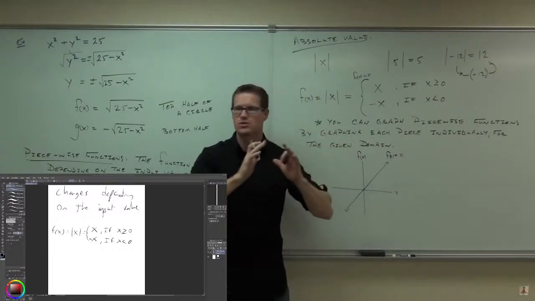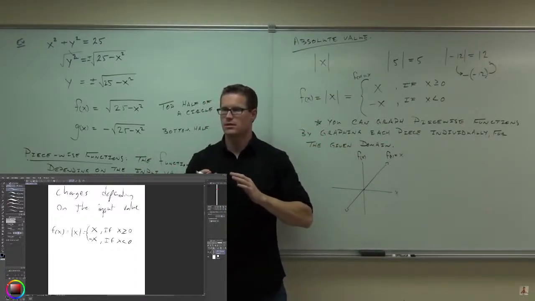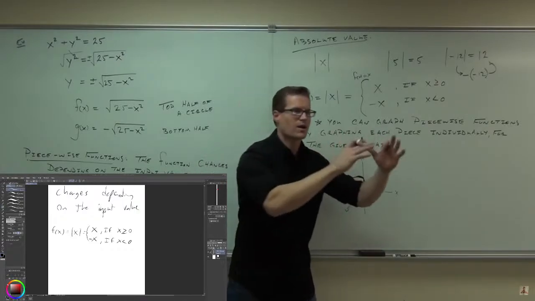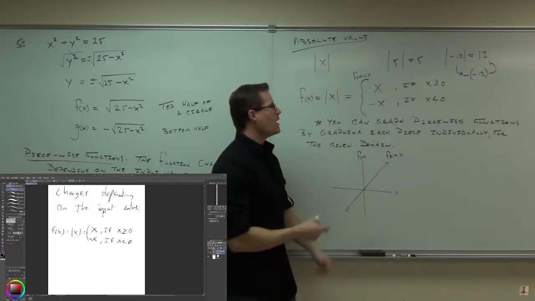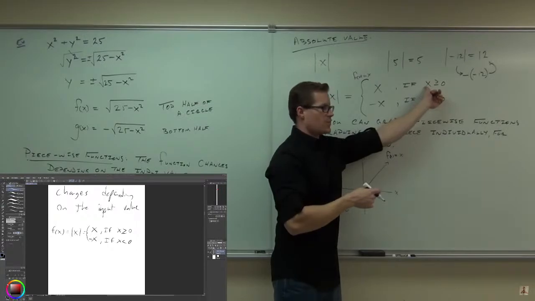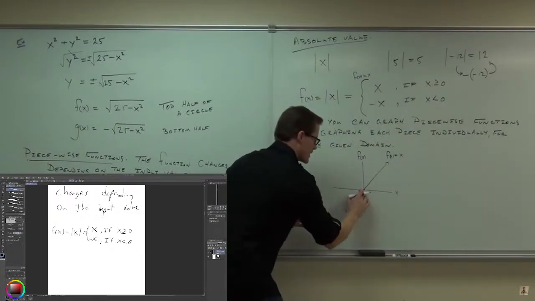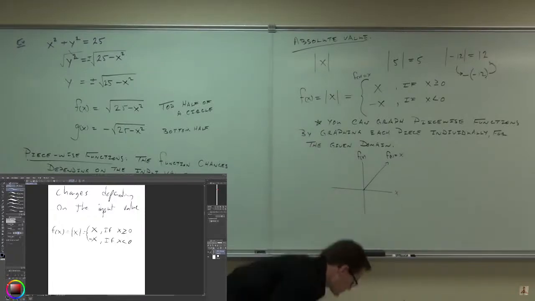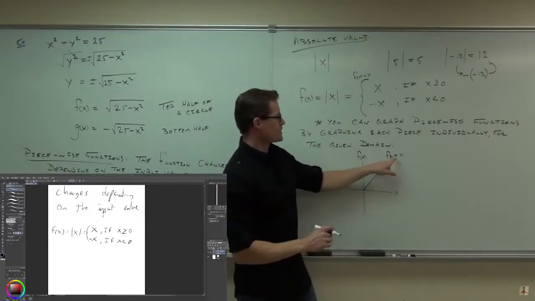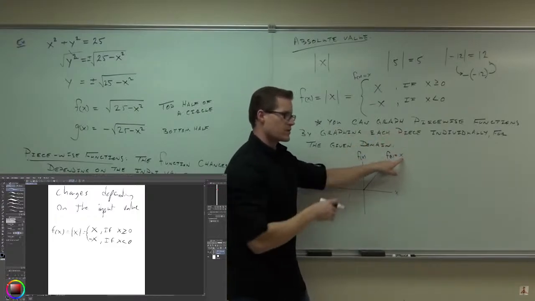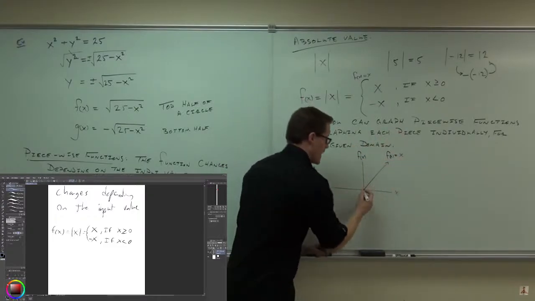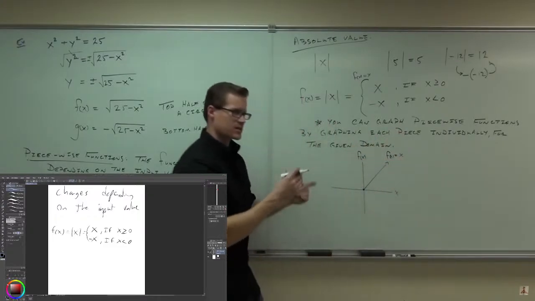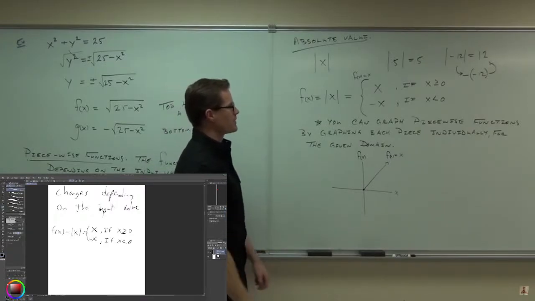To the right of the y or to the left of the y? Don't all speak at once. To the right of the y or left of the y? Come on, you gotta be participating here. Yeah, that's because we're looking for the x's that are positive. These x's are negative. It's saying it doesn't exist over here, so we'd erase that part. That doesn't even make sense. True. So right now we know this is the x, where x is bigger than or equal to 0. That's why we have this closed circle there, because of the equality that includes that little piece.